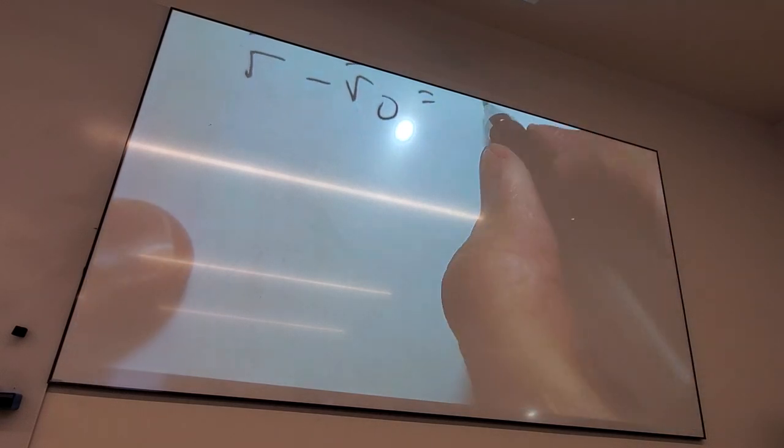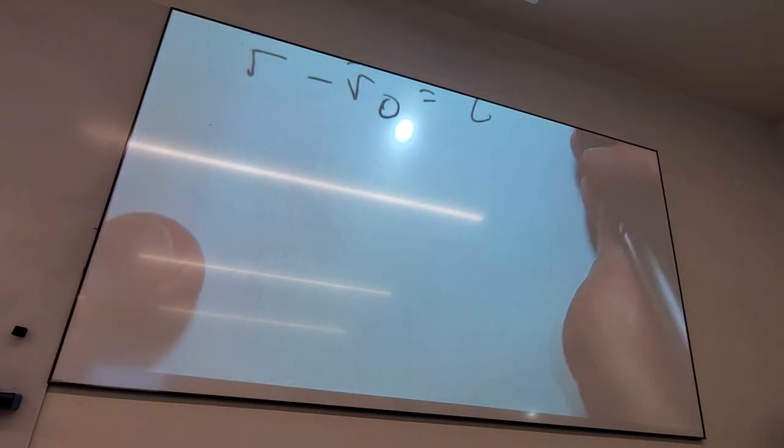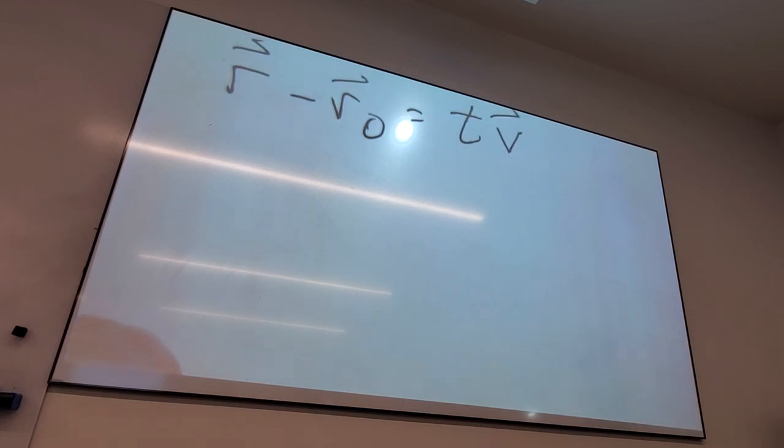So it must be, let's use T. Why? Because that's what we use. A multiple of my direction vector. Just like y minus y naught is a multiple of my slope in that case, yes?